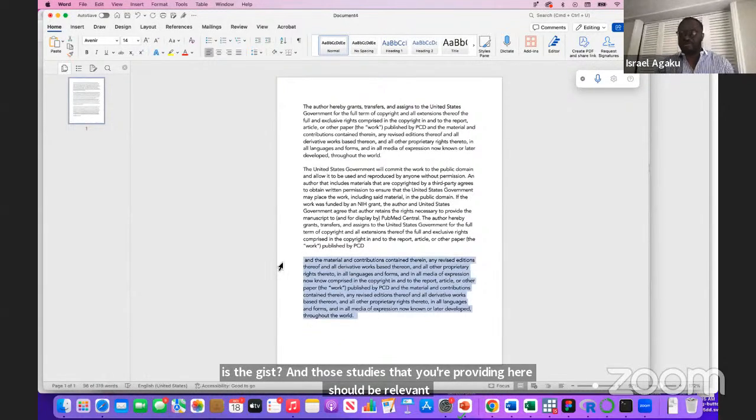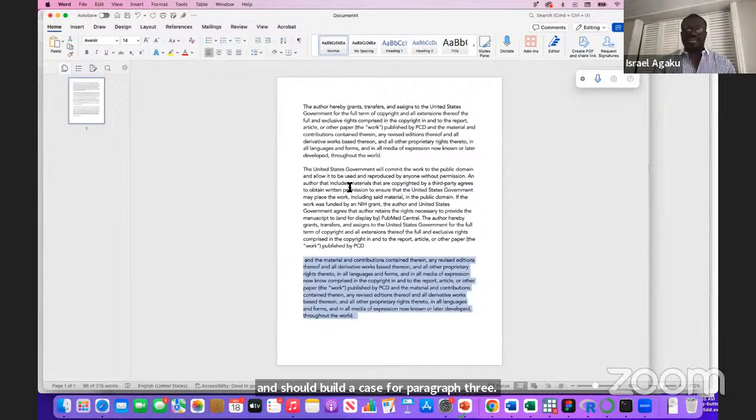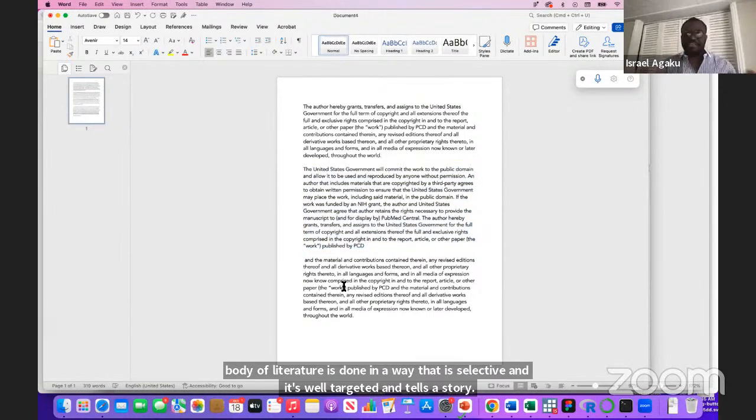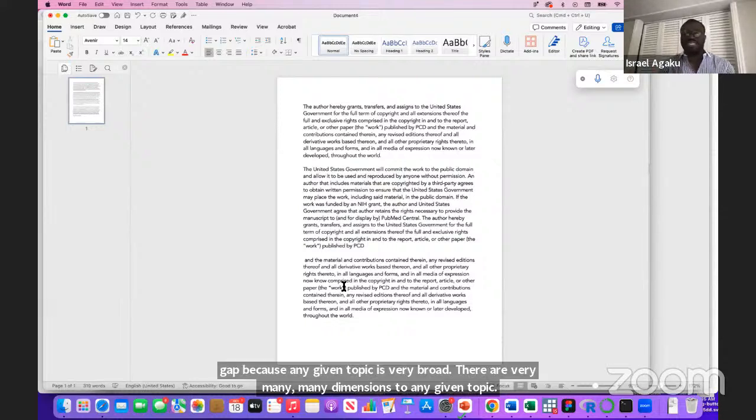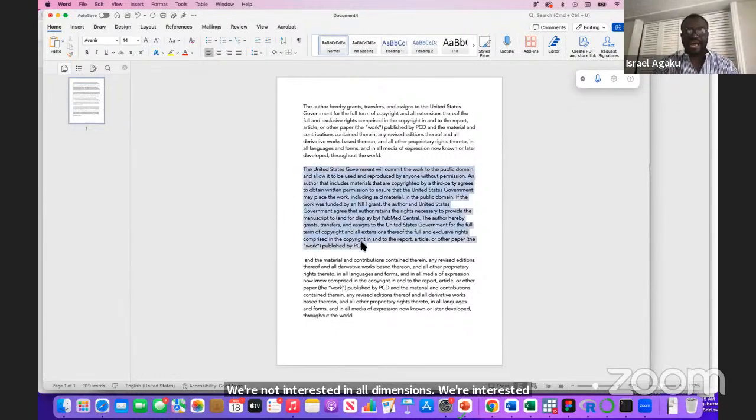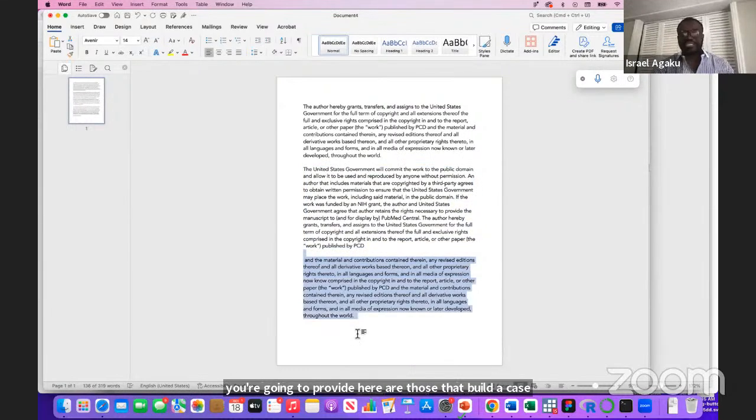Remember, we said you should tell a story, meaning the way you articulate the current body of literature is selective, well targeted, and tells a story that leads up to this gap. Any given topic is very broad, with very many dimensions. We're not interested in all dimensions; we're interested in the dimension you are pursuing. So the studies you provide here are those that build a case leading up to your gap in knowledge and why it's important.